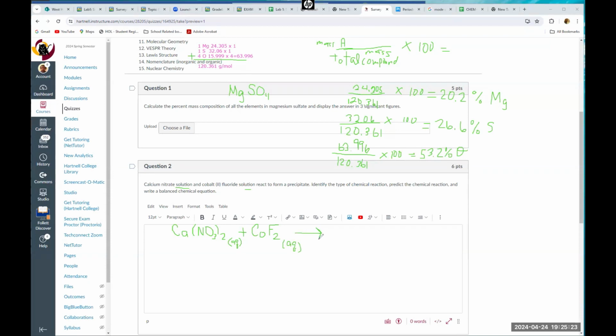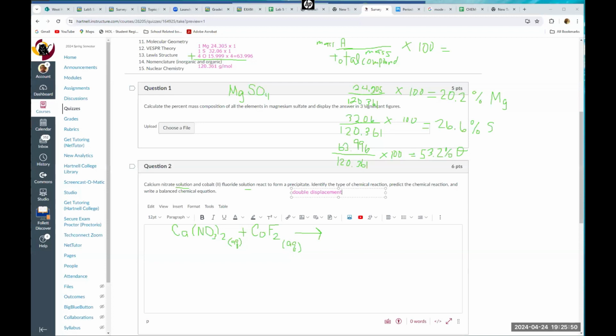Now, this is the part that we've got to think about. What type of reaction is this? I think it's double displacement, or replacement. Yes, double, because it's 1 metal and 1 non-metal on each side. Double displacement.